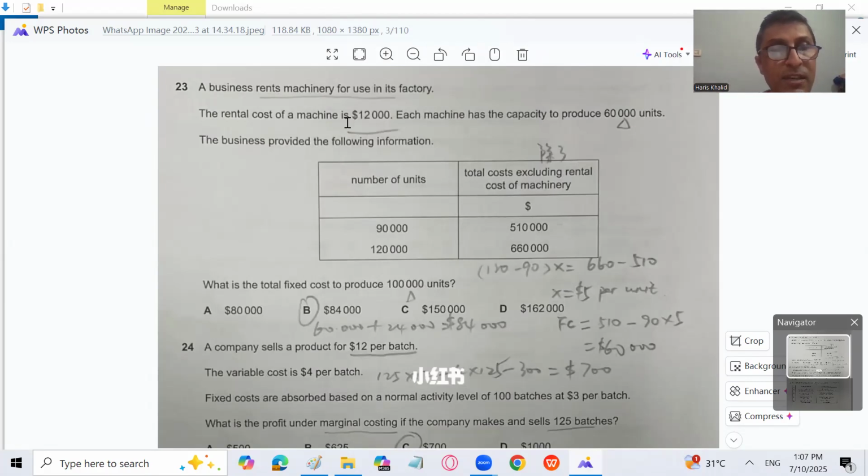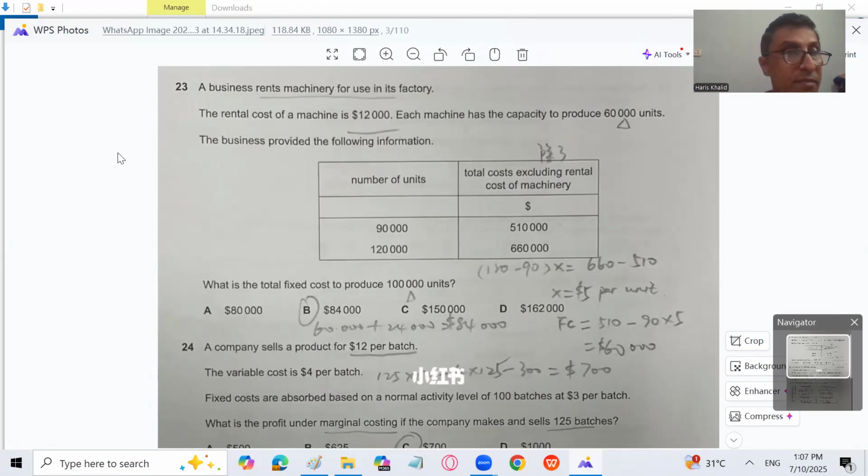The business rents machinery for its use in its factory. The rental cost of a machine is 12,000. Each machine has the capacity to produce 60,000 units. So it means that if you are producing 60,000 units, your rental cost is 12,000. But the moment you produce more than 60,000 units, either 1,20,000 or 1 lakh, you have to go for another machine and pay the rental cost, which will double to 24,000.